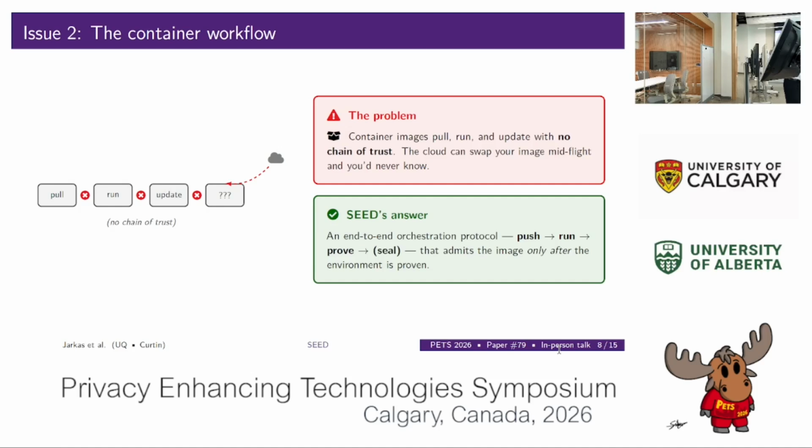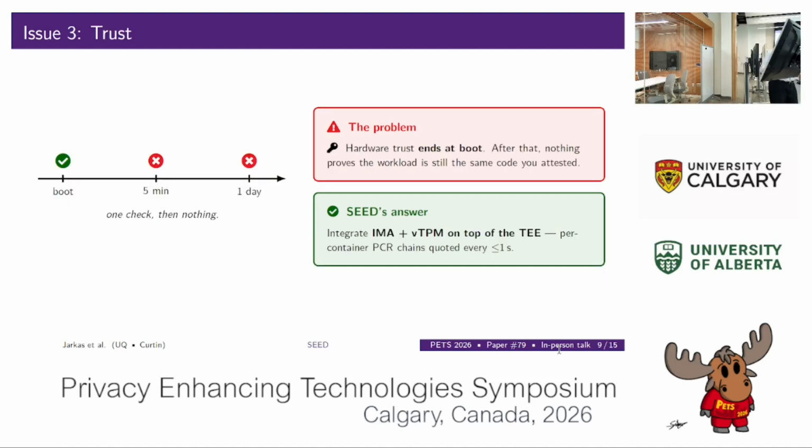So that's the second issue. And trust is the third issue: if you want to have this end-to-end confidentiality, you need to deploy the container after the TEE is actually running, because you need to maintain it. So how can you maintain trust if TCBs are usually immutable, meaning that once you have a TCB, it doesn't change anymore?